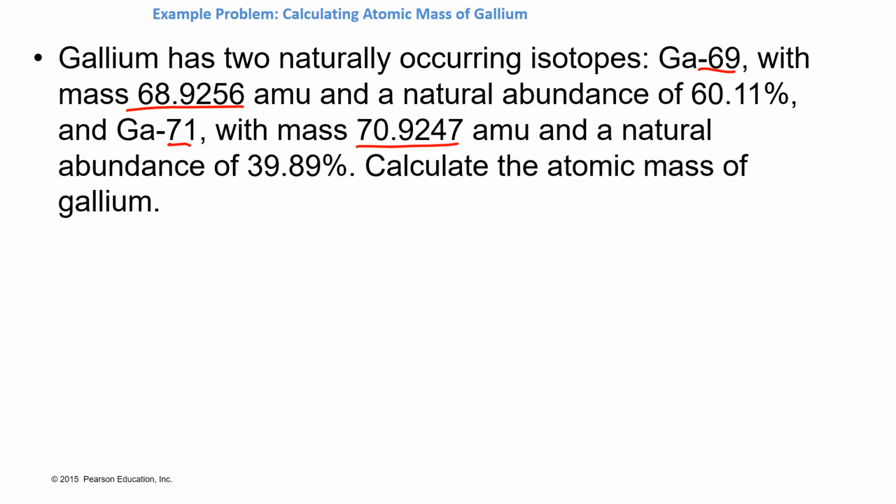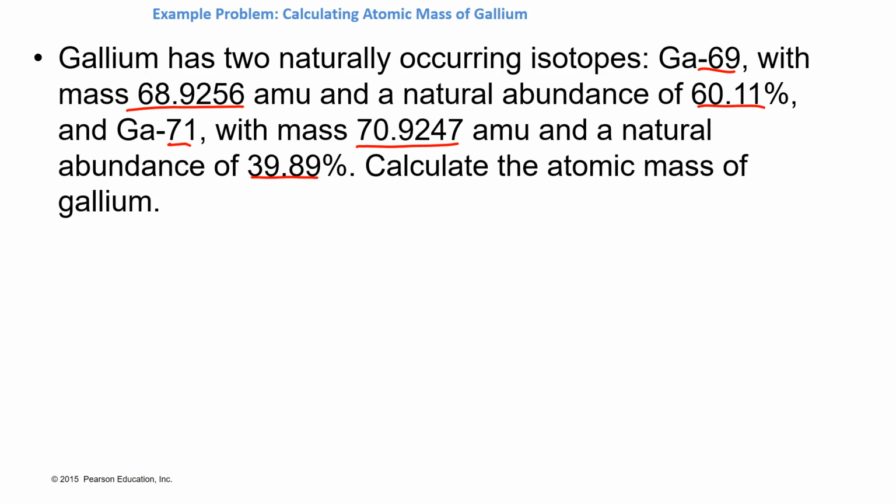So we're going to use those exact numbers in our calculation. In this case, our driving answer is based off the fact that our percentages are 4 sig figs. So whenever we do the multiplication, our answer will have to be in 4 sig figs, and then we can go from there. So let's look at how we would set this up.